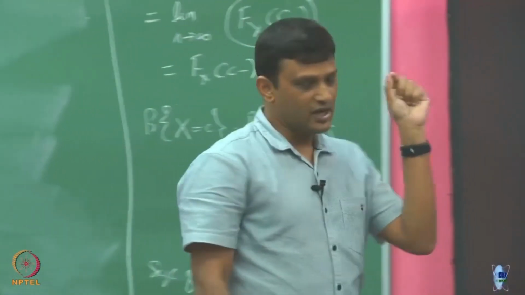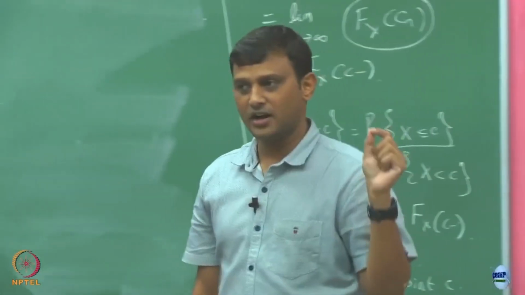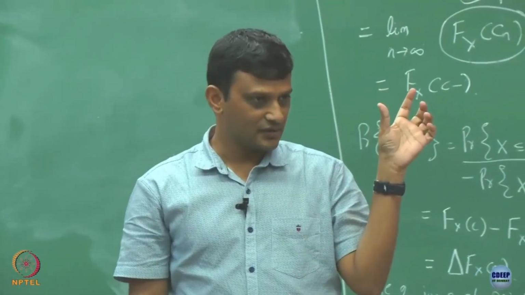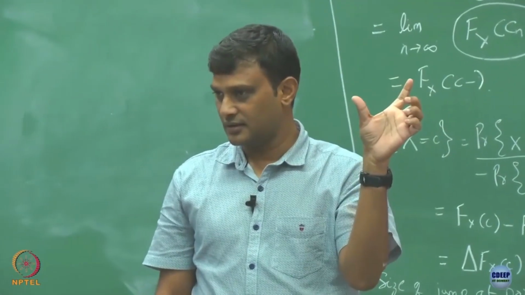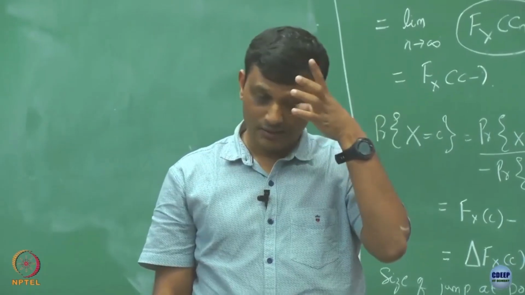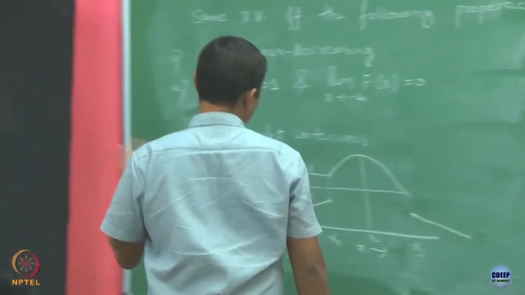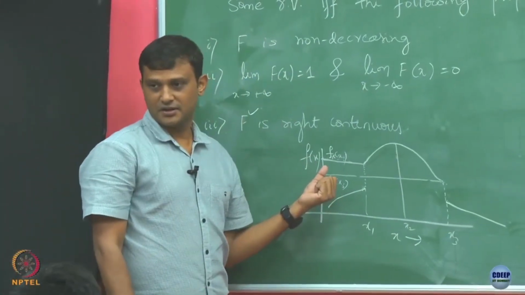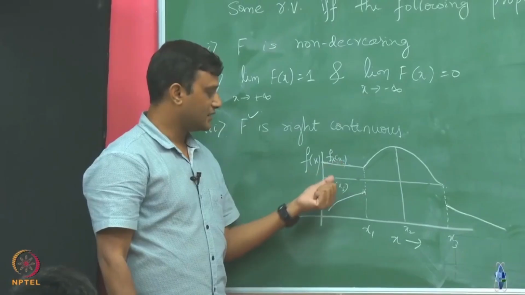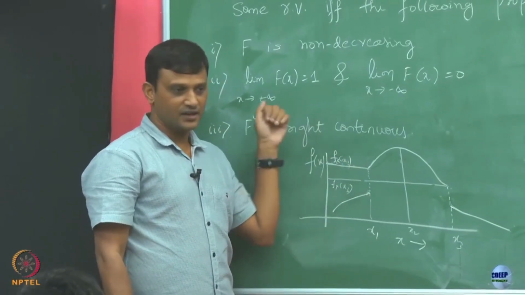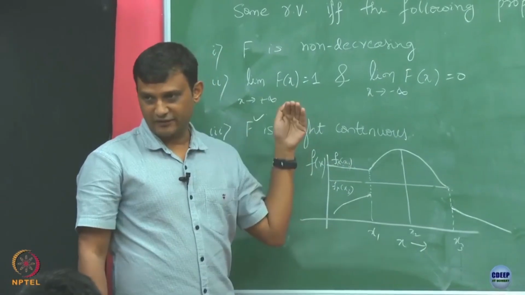But when we are talking about probability, it is defined on sets, not points, right? When we defined continuity, at least in this one dimension, we defined it on points, and our definition included right continuity, left continuity and all.